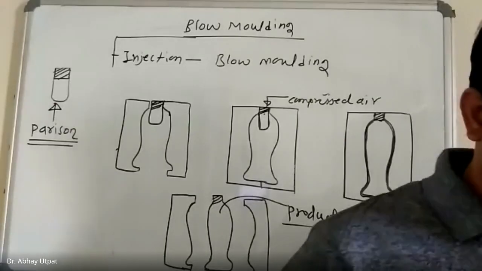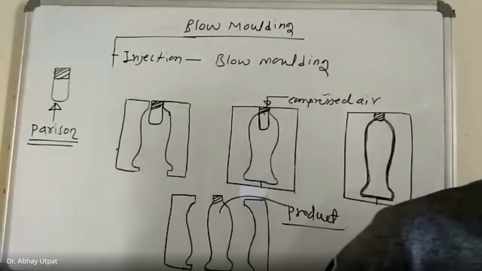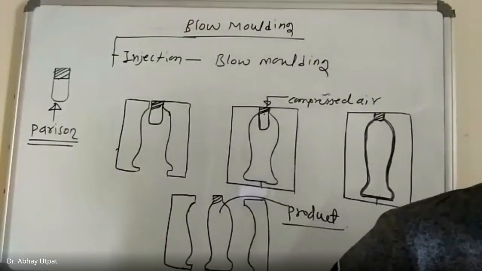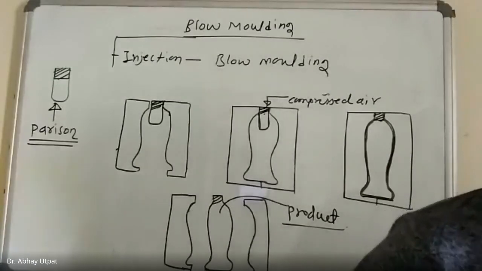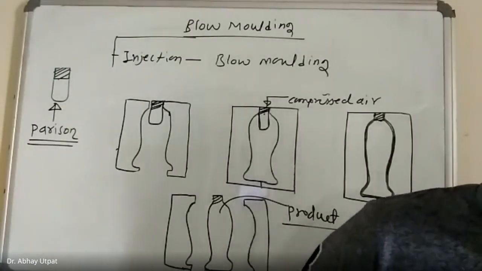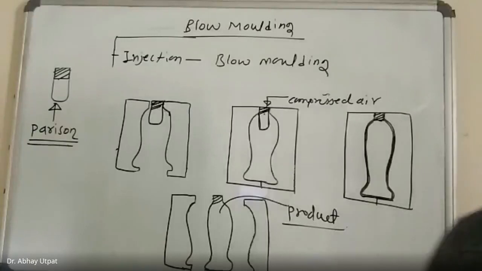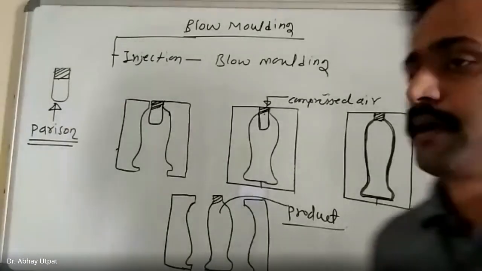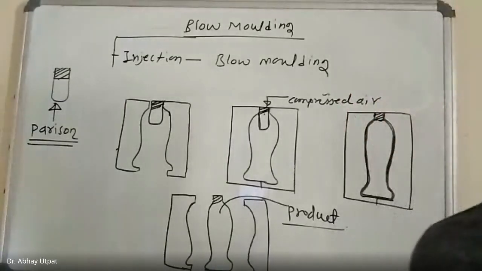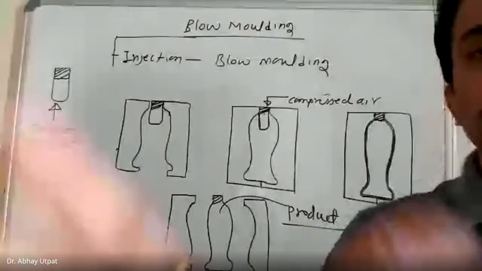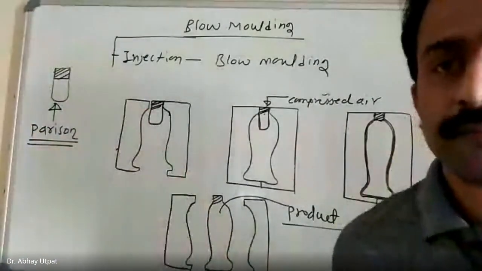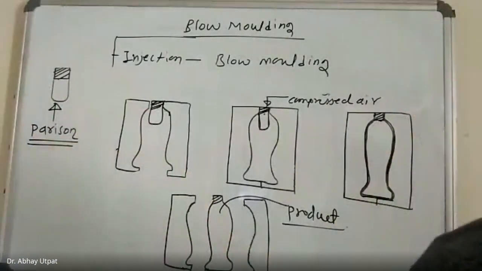It does not require any trimming as in extrusion blow molding. Thickness is uniformly maintained and intricate details are also possible.